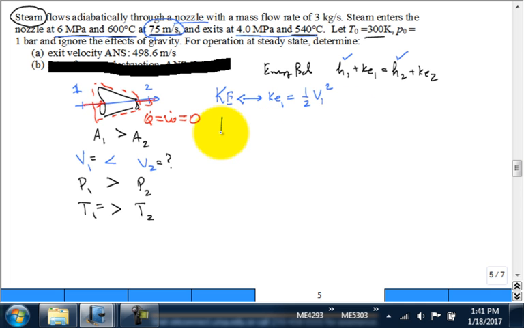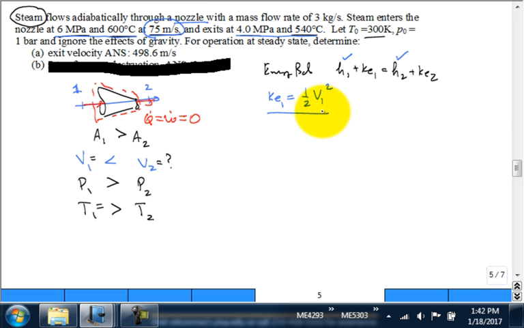There's a difference between cap H and lowercase h. What is the difference? Total enthalpy or specific enthalpy? Same thing, right? So is this the correct equation for the specific kinetic energy? 1/2 V squared. Professor, where's the M? It's specific kinetic energy, right? You divided that out.